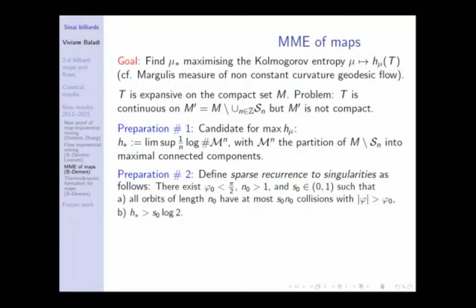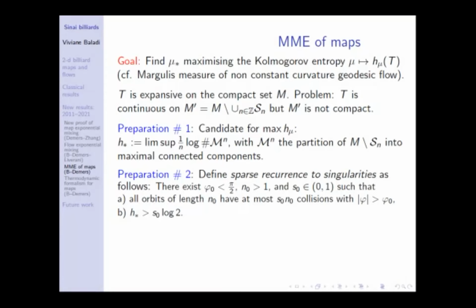And you say that the billiard table enjoys sparse recurrence to singularities, meaning it doesn't hit singularities too often, if all orbits which have this fixed length n0 have at most a proportion S0 of collisions which are bigger than phi 0 in absolute value, meaning which are very close to being grazing. Sparse recurrence to singularities means that you have found n0 and S0 satisfying condition A.